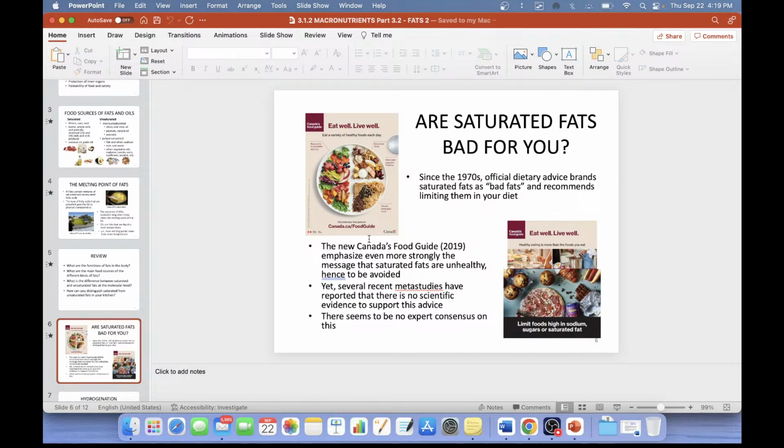Yet, several recent meta-studies have reported that there is no scientific evidence to support this advice. So that piece of advice about saturated fat is a contested one. Meta-studies are studies made by experts, by scientists, who analyze the data coming from large numbers of previous studies.